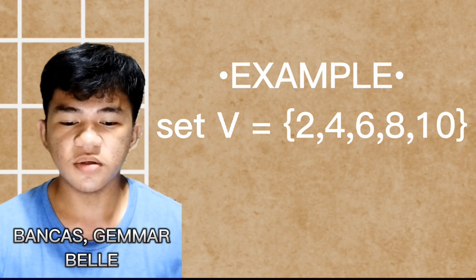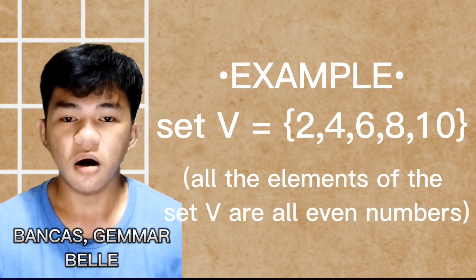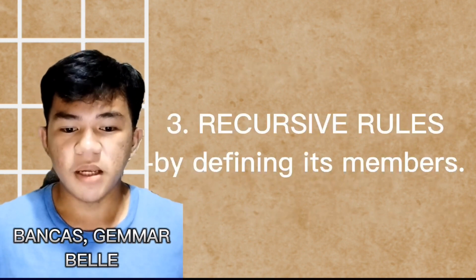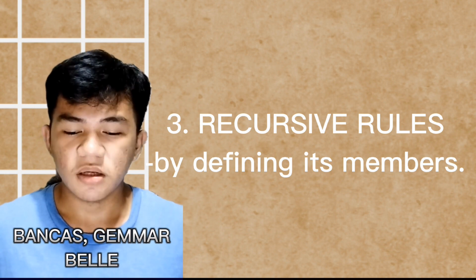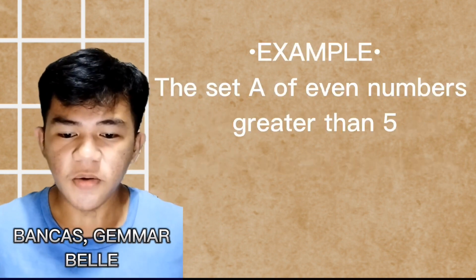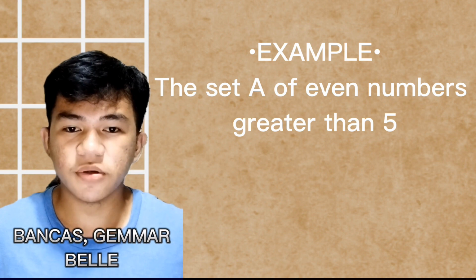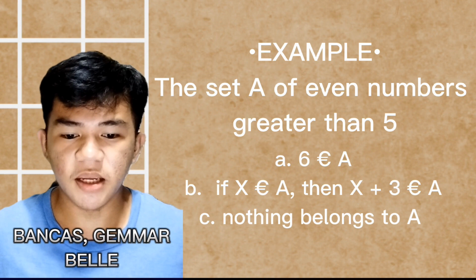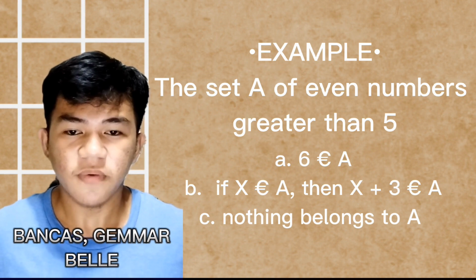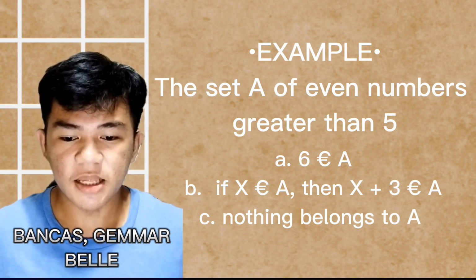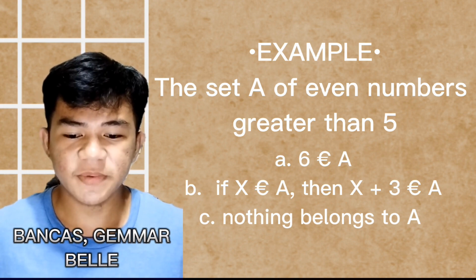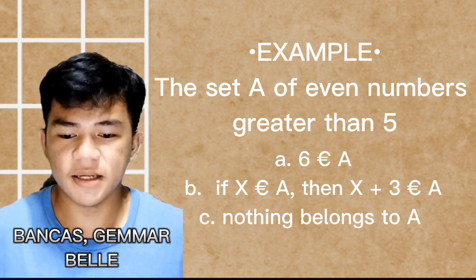If you are going to describe the set, we can say that all of the elements of set V are even numbers. The third one is recursive rules, which means defining its members. For example, the set A of even numbers greater than 5. We can say 6 is an element of A, and if x is an element of A, then x plus 3 is an element of A, and nothing else belongs to A. So those are the ways to specify a set.